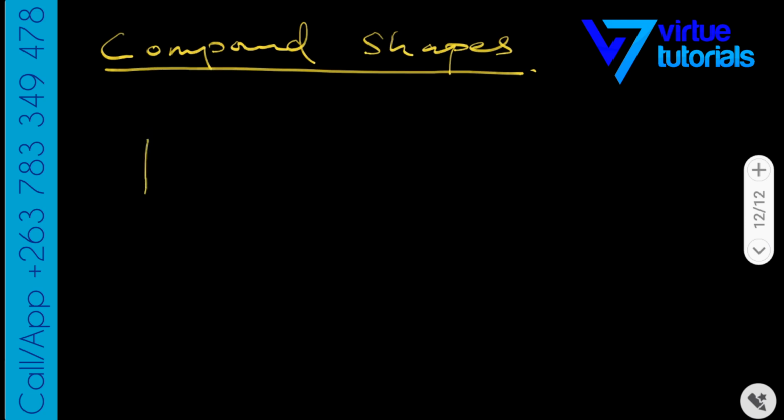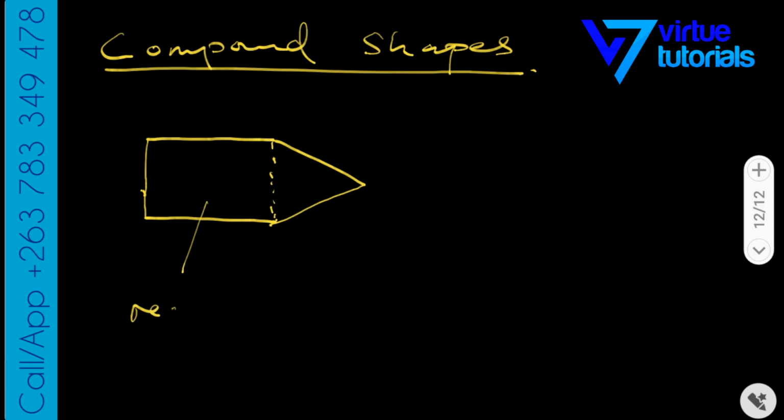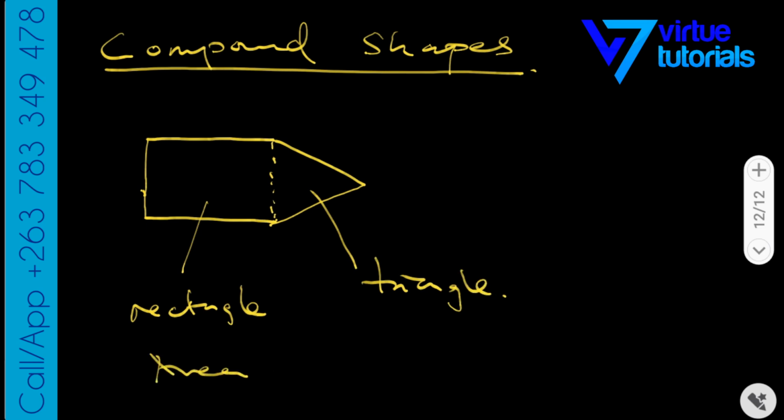So for example, if you have something like this and you have to find the area of something like this, what you need to know is that this is simply a combination of a rectangle and a triangle, right? So the area of this shape is going to be the area of the rectangle plus the area of the triangle. That's how simple it is.